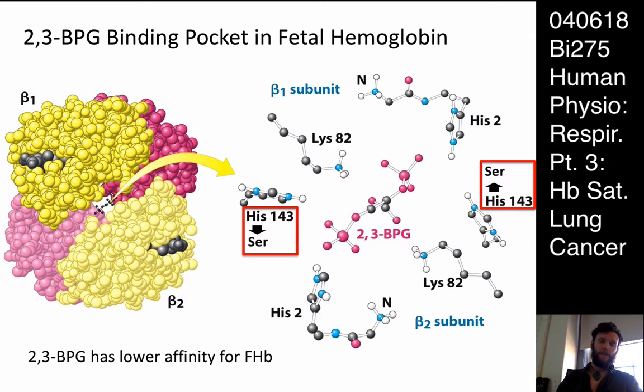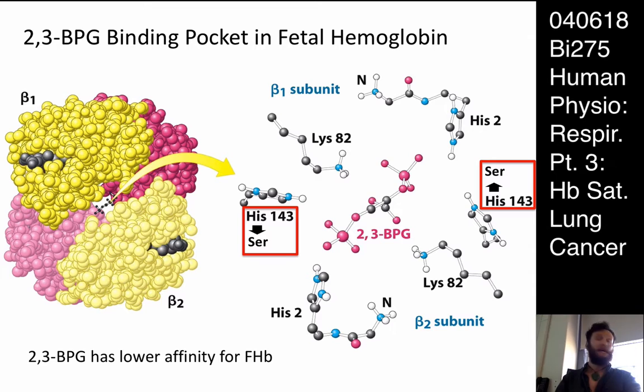And their beta subunit is replaced by a gamma subunit that has the following mutation. The histidine 143 in the sequence is replaced by a serine. And because of that, 2,3-BPG has a reduced affinity for fetal hemoglobin.